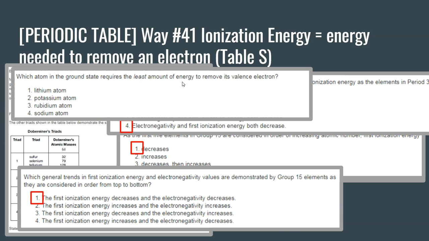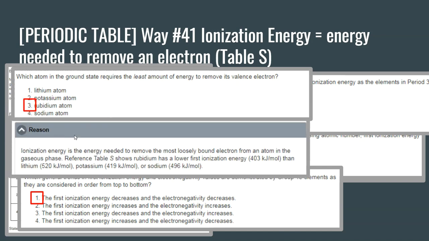Which atom in the ground state requires the least amount of energy to remove its valence electron? So, amount of energy needed to remove its valence electron refers to the first ionization energy. We're looking for which one has the least. Okay, you'll note that the answer is 3. If you look up the ionization energies for all these values, rubidium actually has the lowest ionization energy, and it's actually the lowest in the group.